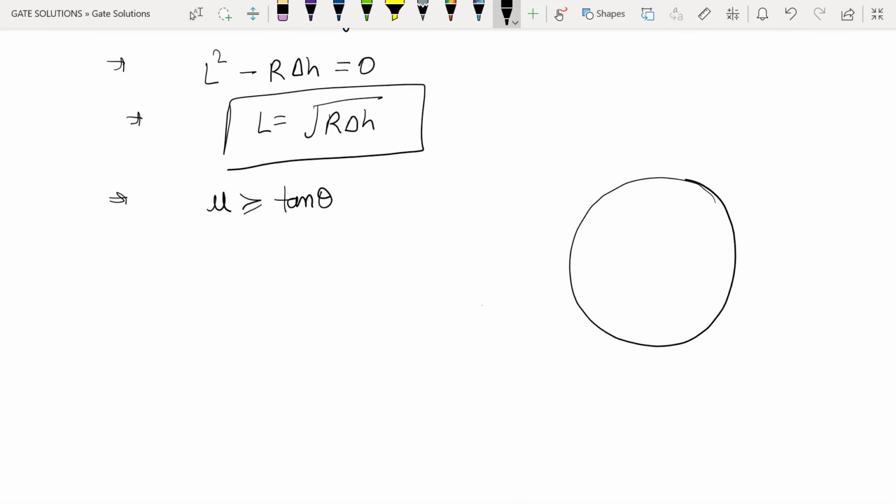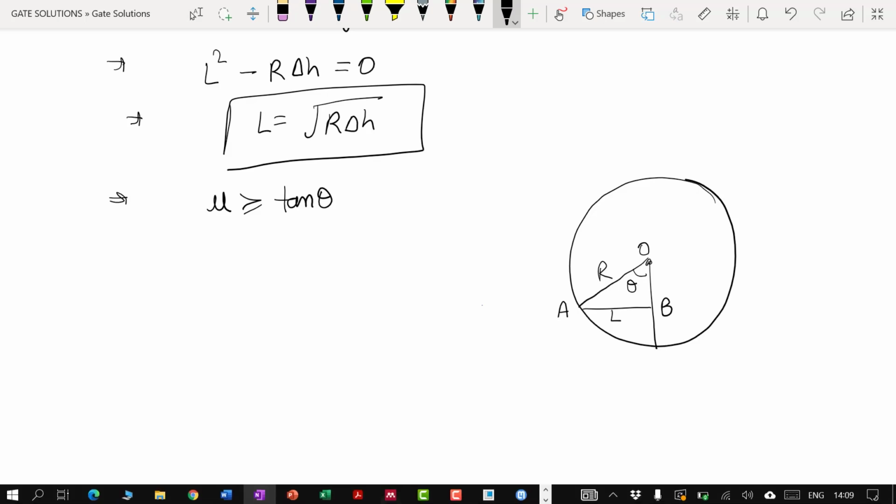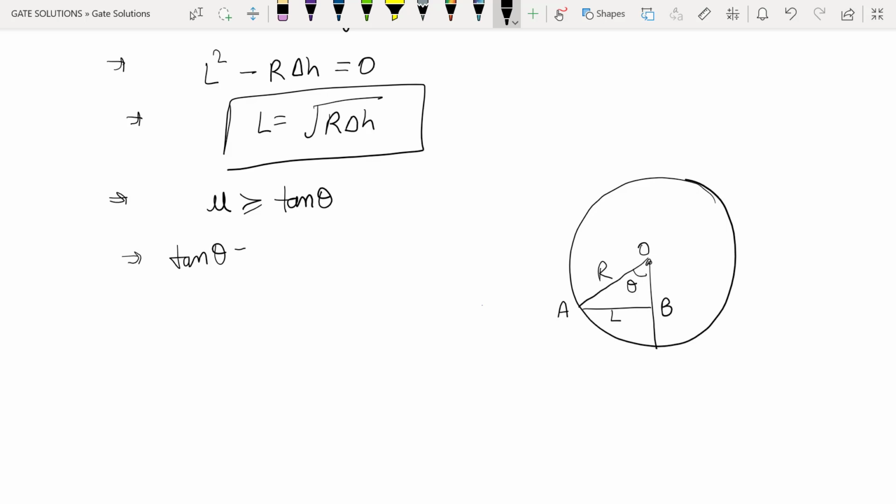This is the first roll, this is the center, this is L, this is R, O, A, B. So here this is tan theta, which is called the bite angle. So what is tan theta here? Tan theta equals L divided by this OB. So OB is nothing but R minus delta H by 2. So this is L divided by R minus delta H by 2.